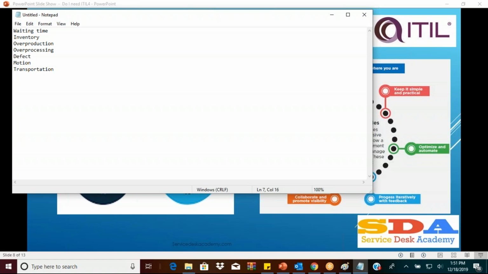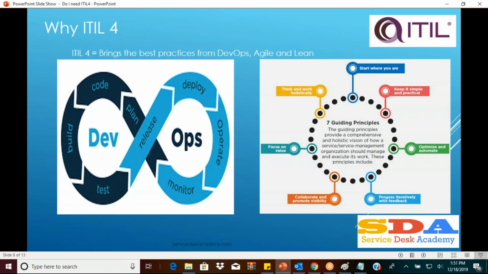These are the different kinds of wastes that can be found in any organization, right? And these can also be considered inefficiencies. So in order to eliminate these inefficiencies, we use a methodology called Lean.